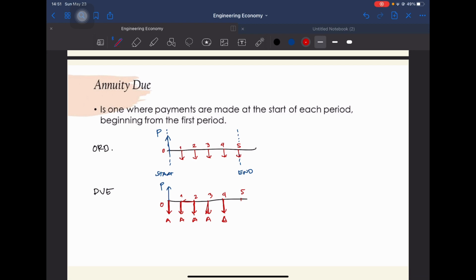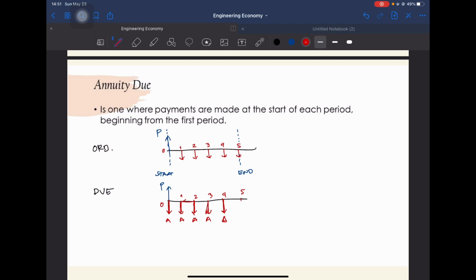Okay tayo ron. Na-discuss natin yung formula ng ordinary annuity last time, at ngayon, i-discuss natin yung formula ng annuity due. Pero, I do not recommend you memorizing this particular formula for annuity due kasi I have an alternative solution for this.